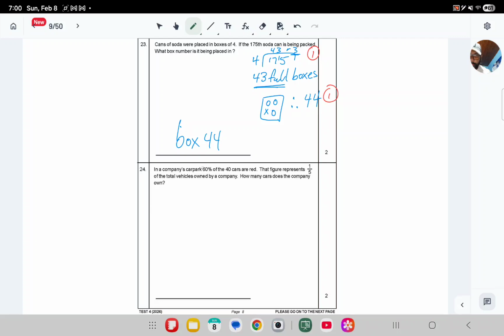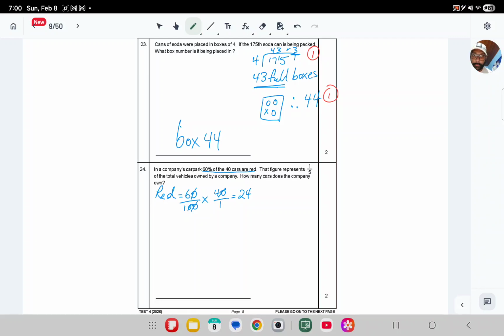So first we need to find out the number of red cars. Using mathematical terms, 60% is 60 over 100 of 40 over 1. Cancel, cancel. 6 4s are 24. So we know we have 24 red cars.